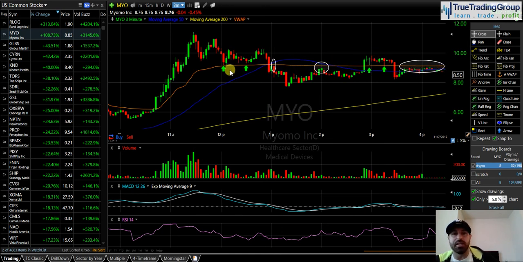But what you're not seeing is the stock holding this VWAP and continuing higher, because there wasn't another area to look for. There wasn't another indication of a support level. The first time that we actually were thinking about going after this long in MYO was right in here around 12:30, but it's 12:30.